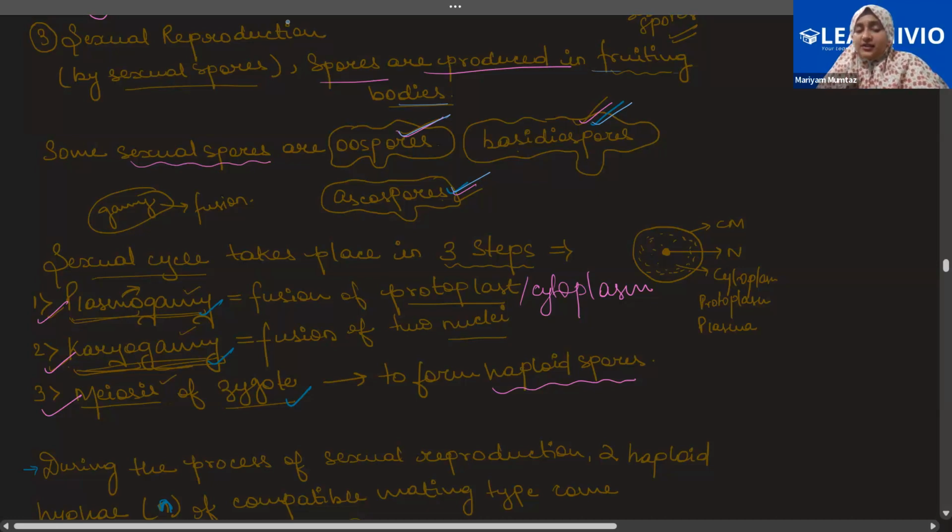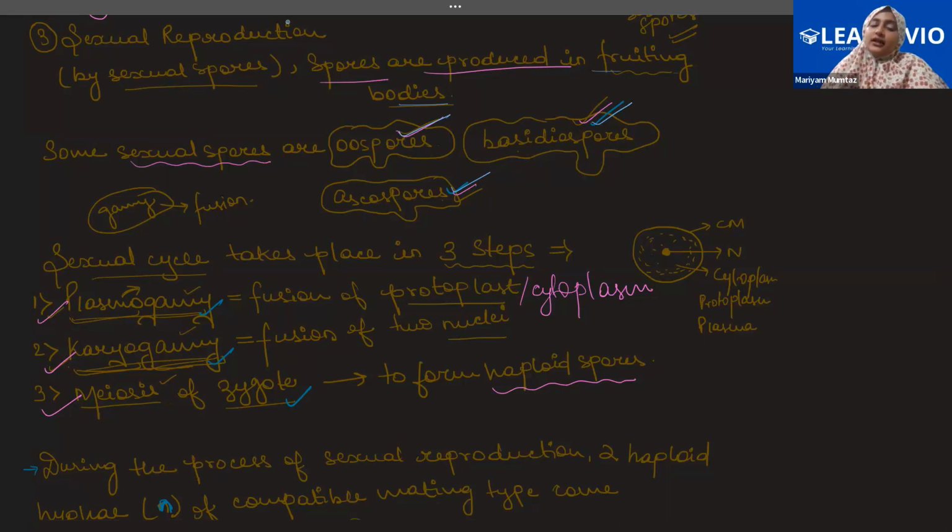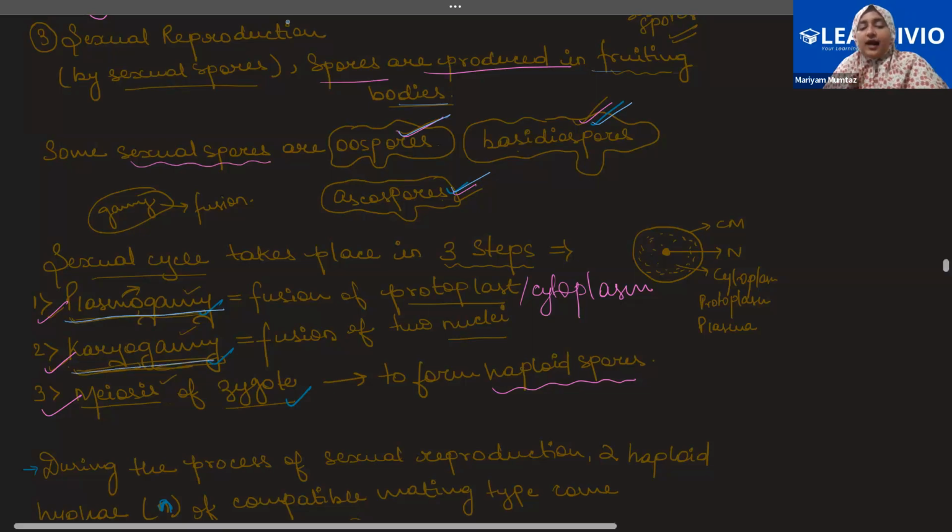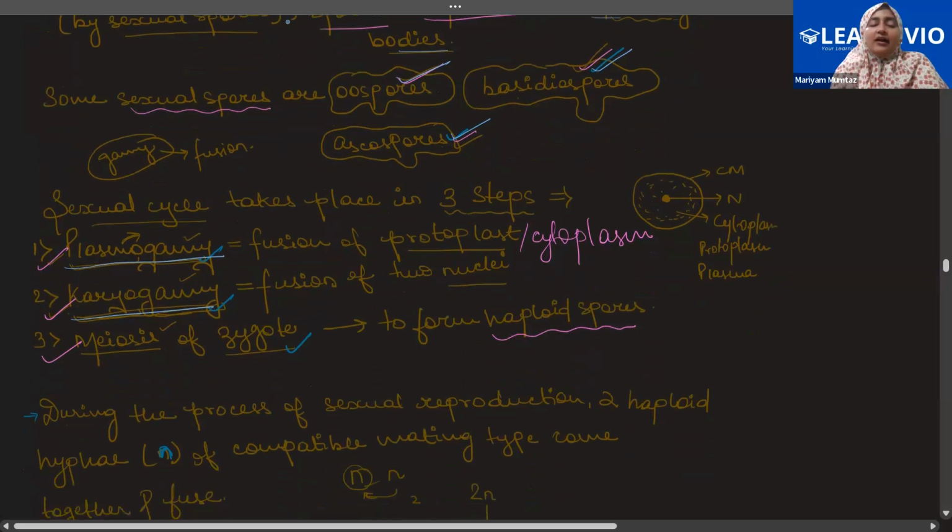So first, during the sexual cycle, the cytoplasm or the protoplasm will fuse and we call it plasmogamy. After that, the nucleus will fuse. Now, karyogamy: the word karyo stands for nucleus and gamy is the fusion. So karyogamy is the fusion of two nuclei.